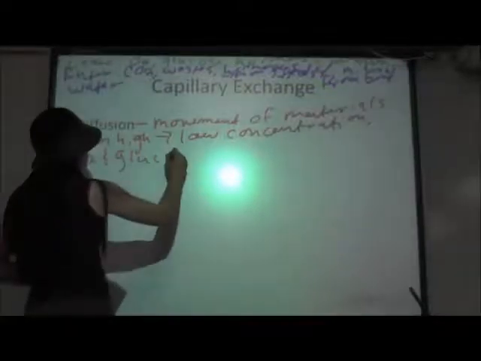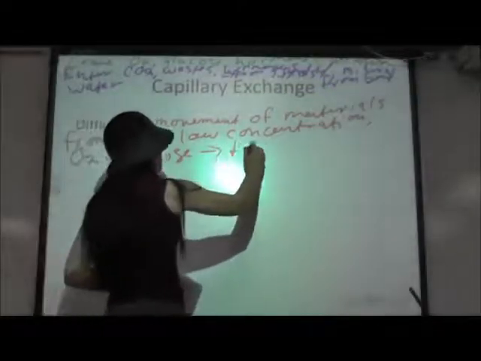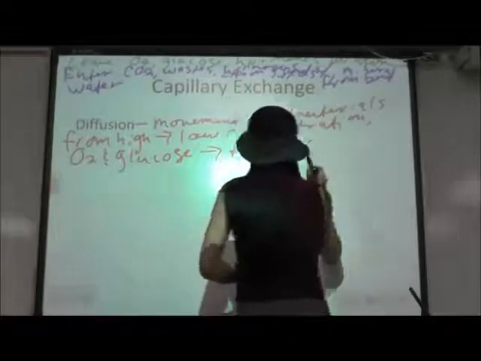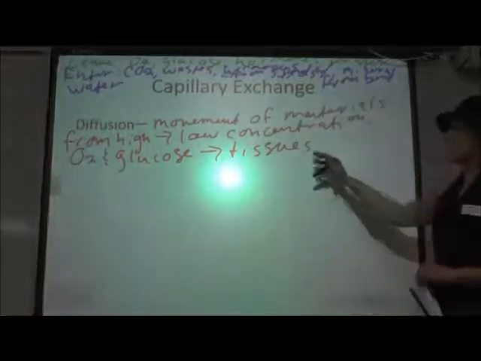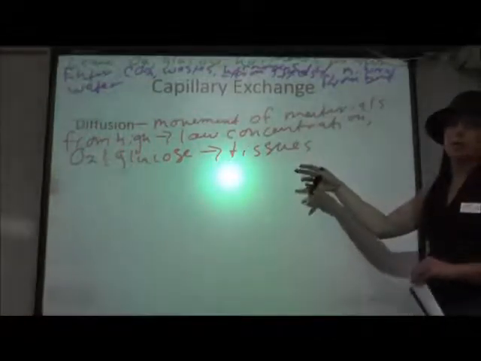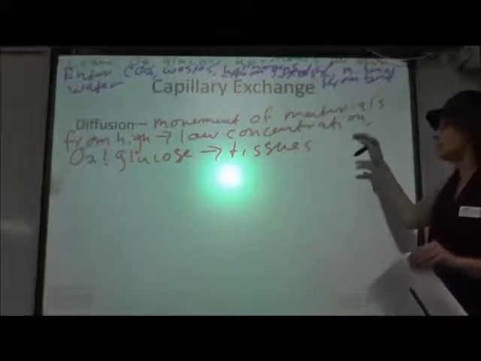So O2 and glucose are going to get to the tissues this way, and then CO2 is actually going to enter the blood from the tissues this way also. So they're all small enough to use diffusion.